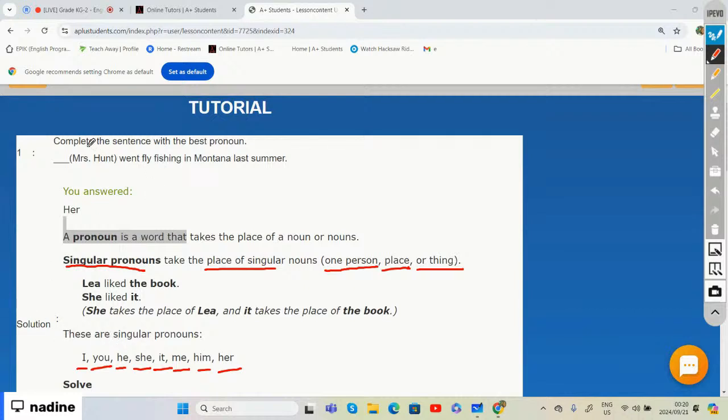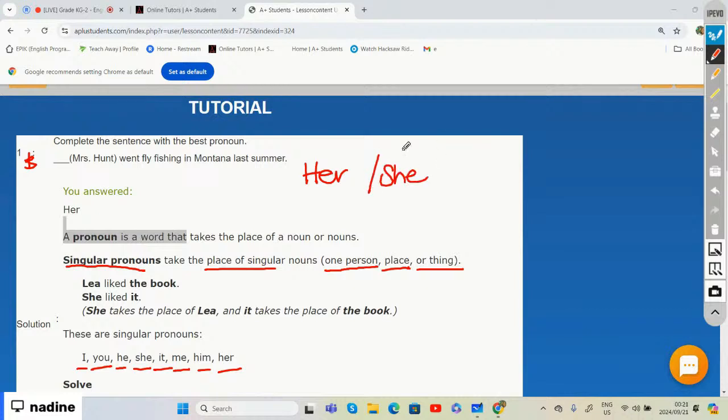All right, so now we're going to complete the sentence with the best pronoun. It says Mrs. Hunt went fly fishing in Montana last summer. Do we say her went fly fishing, or do we say she went fly fishing?